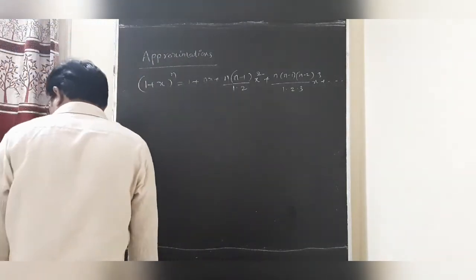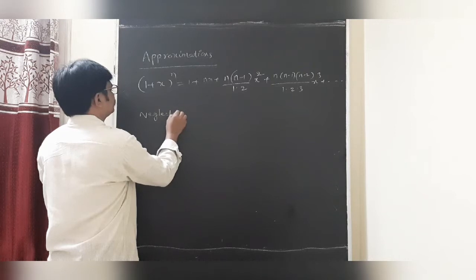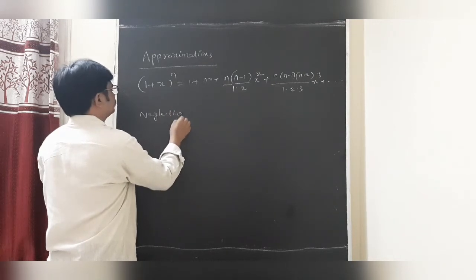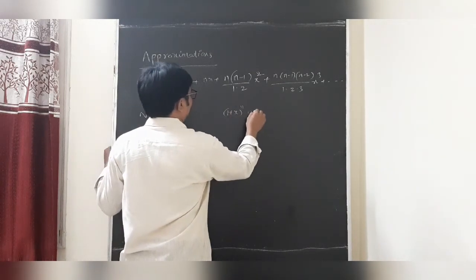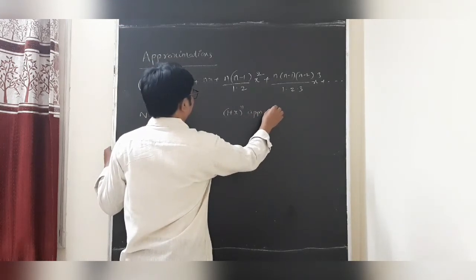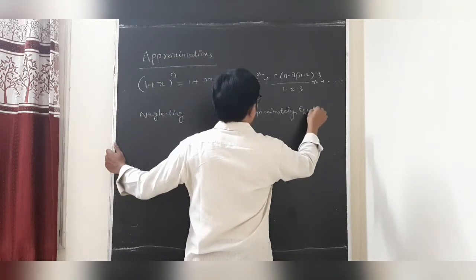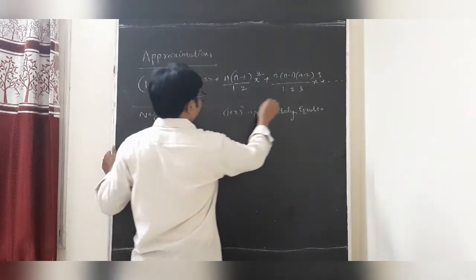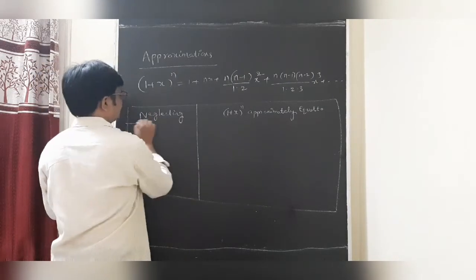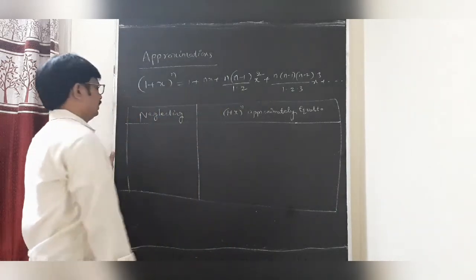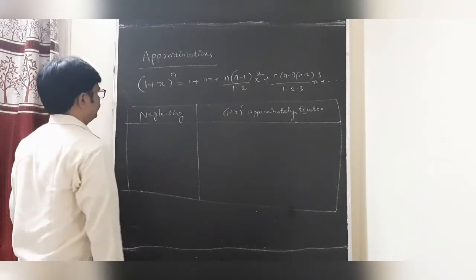So students, now neglecting the first x square and higher powers of x, then (1 + x)^n is approximately equal to 1 + nx. What is it, students? X square and higher power of x are neglected.